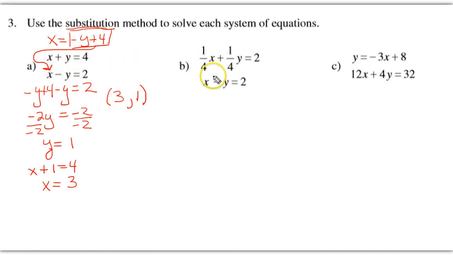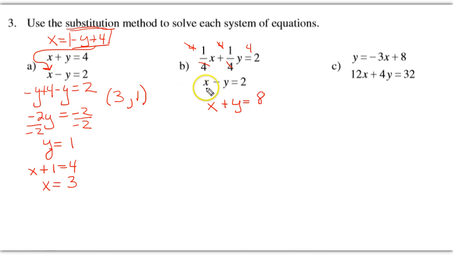All right, now looking at this, you might say I have fractions here. Well, the key when you have fractions, get rid of the fractions. You're going to multiply each term by 4. And when you do so, these 4's cancel out here, and you get x plus y equals 8.